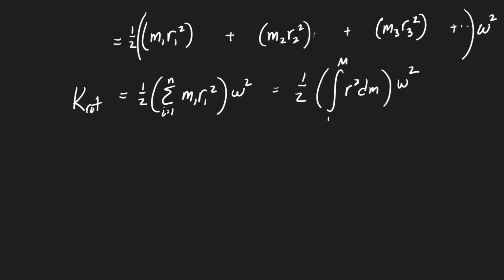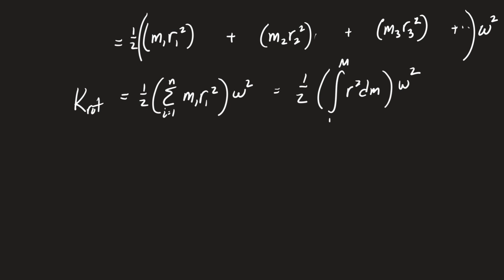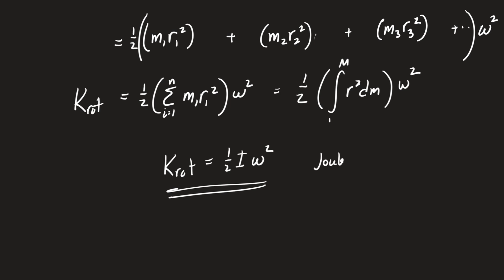Or, if you have followed this argument from the beginning and knew where I was going, we could write rotational kinetic energy is 1/2 I omega squared. And know from the very beginning of this derivation, since we started with the standard equation for kinetic energy, that this will be in joules.